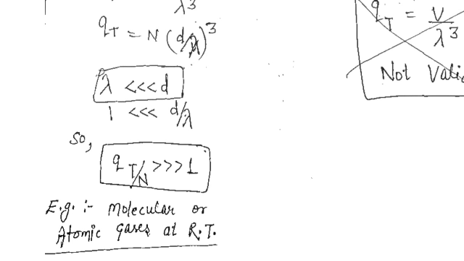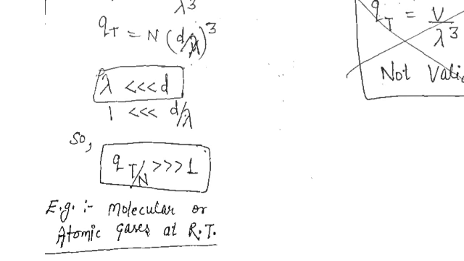The translational partition function divided by the total number of particles will always be greater than 1. For example, it is valid for the molecules of gases at room temperature. Normally the molecules of gases at room temperature behave like this system, and for this system we have qt by n greater than 1.